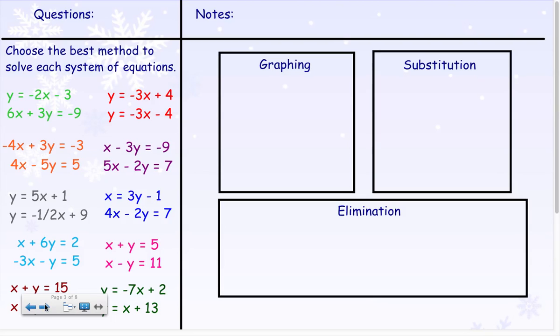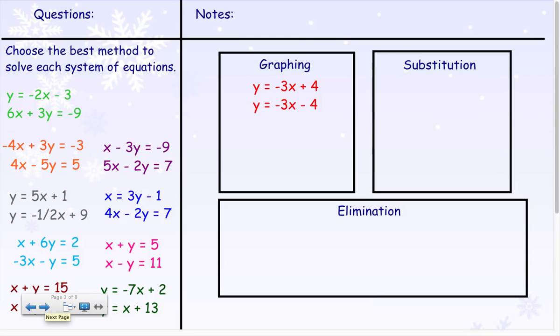All right, so graphing. It's easiest to graph if both equations are in slope-intercept form. If both equations are in slope-intercept form, then they're ready to graph. So we're going to look on the left-hand side for 2 equations that have y equals. So this one is in slope-intercept form.